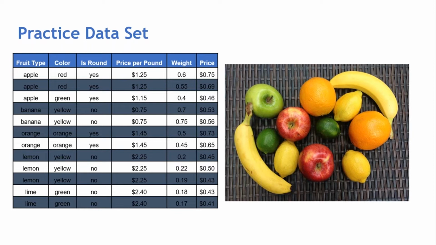Color will have records of different colors of the fruits. Is round is a logical column which will say yes or no. Price per pound is the price of the fruit on a pound basis, weight is how much the fruit weighs, and price is the price based on weight. So this is the data set which we have right now.